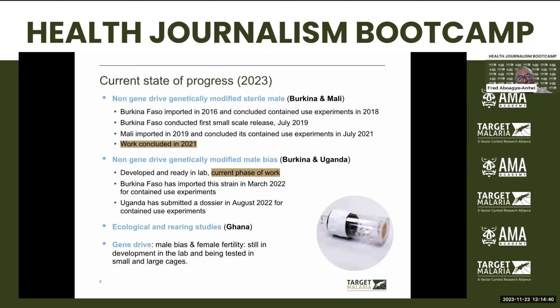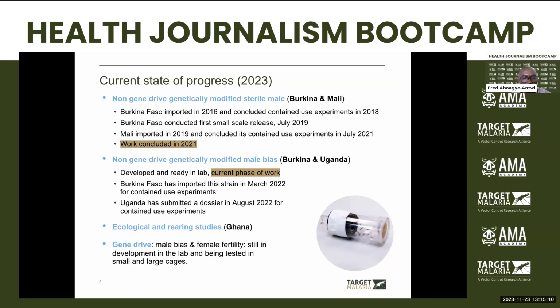In Ghana, our work is on the ecology of the mosquitoes and also on rearing studies. And just as Charles mentioned, the regulatory goals are to protect the environment or biodiversity, and also human health, animal health, and water quality as well.